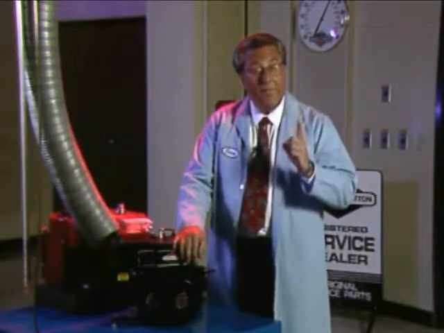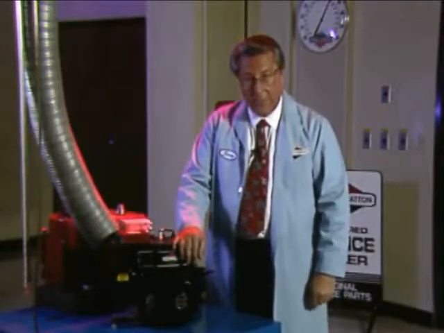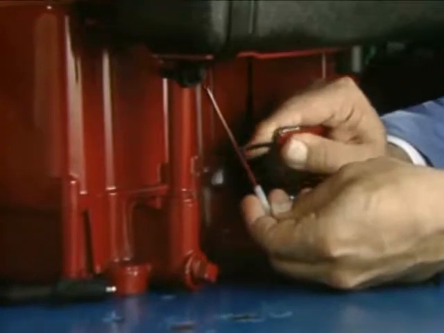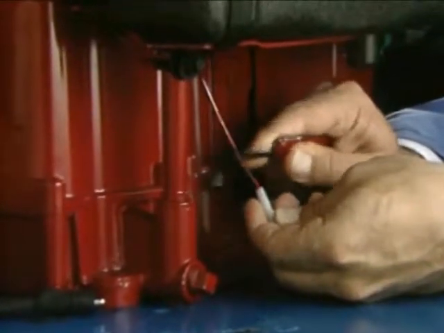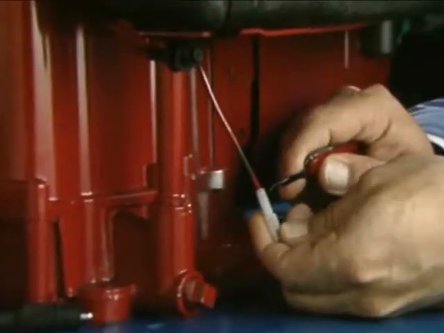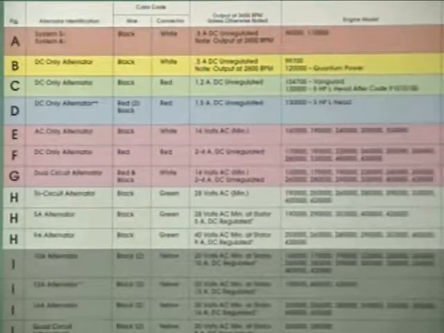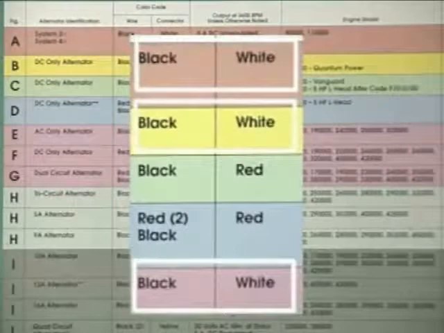Here are a couple of helpful hints for identifying alternator systems. First, scrape away any paint from the outside of the wire to be sure to get the correct wire color. Second, the fastest way to identify an alternator is by using the Alternator Identification Chart, form number 2288. Compare the wire color and connector color to the chart.